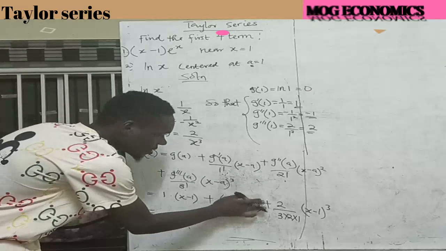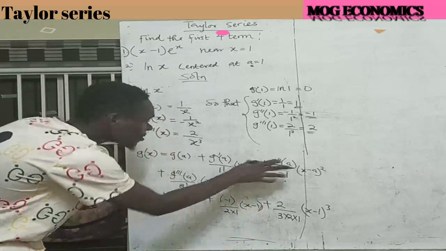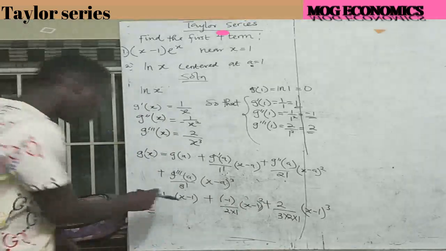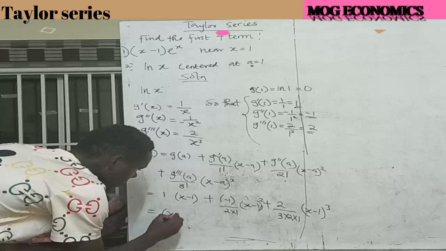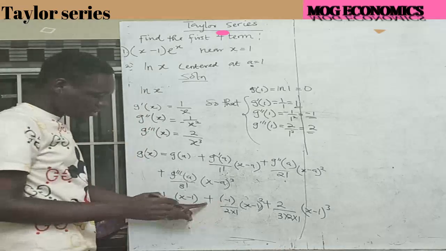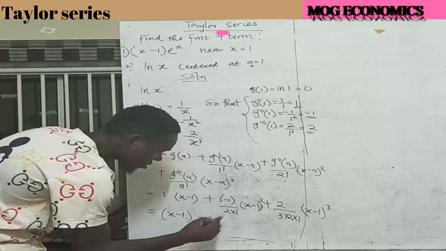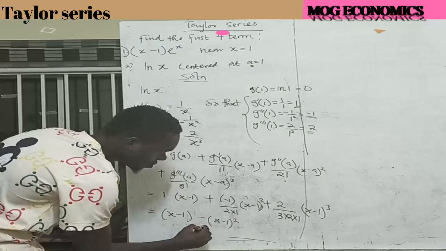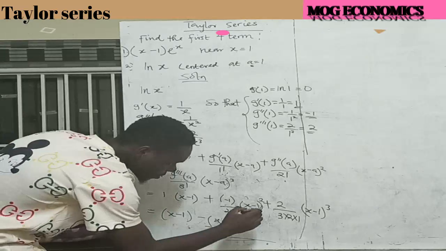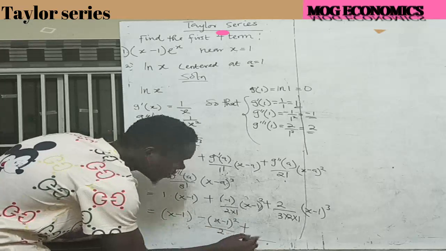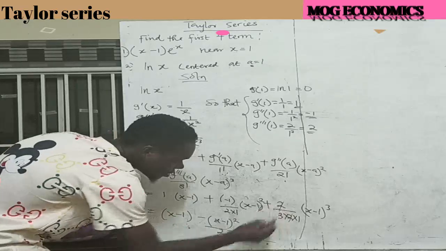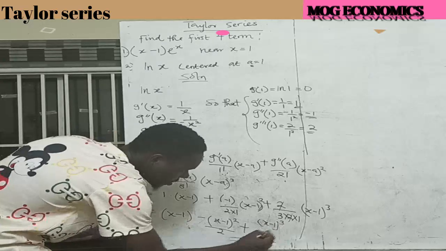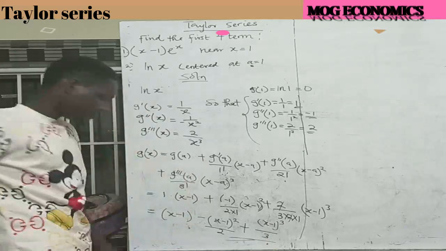Alright, so here there was supposed to be a square from the formula. Sorry, there's a mistake here. So now here we have x minus 1, then this changes to minus, then we have x minus 1 raised to the power of 2 over 2, and plus, so this cancels this, then we have x minus 1 raised to the power of 3 over 3.